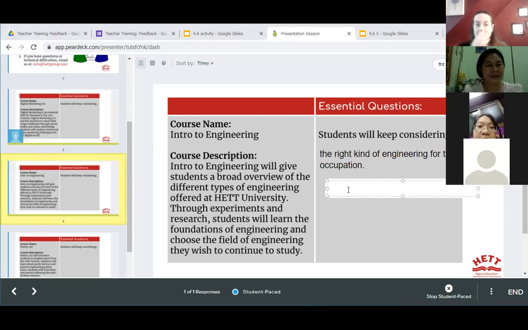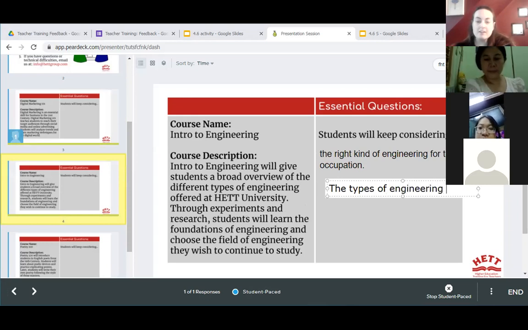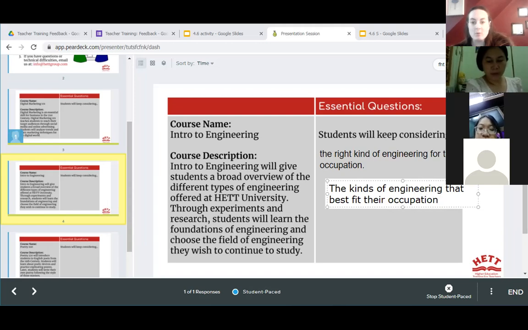Students will keep considering the types of engineering, or maybe the kinds of engineering that best fit their occupation, or we could say maybe, task at hand.